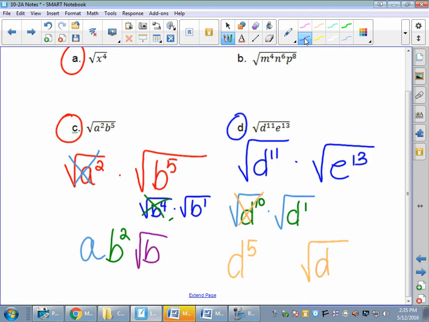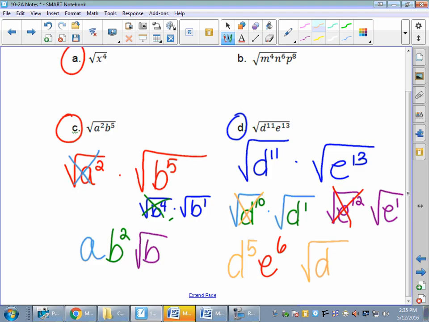How about an e to the 13th? Is that a perfect square? How would you break it up? If one of them is an e to the first, the other e power will have to be e to the 12th. And what is the square root of e to the 12th power? And don't forget about the square root of e to the first.